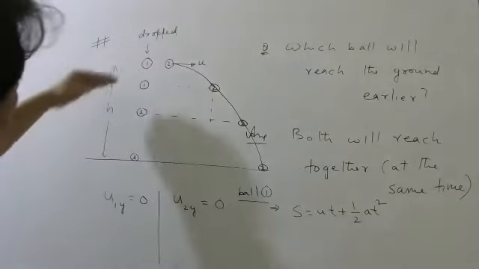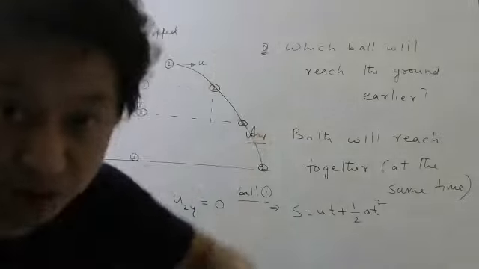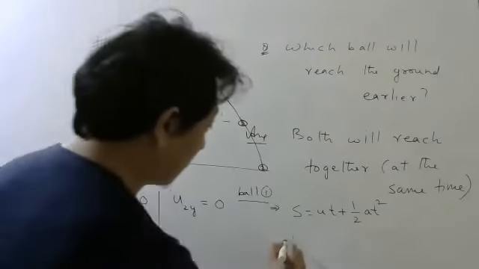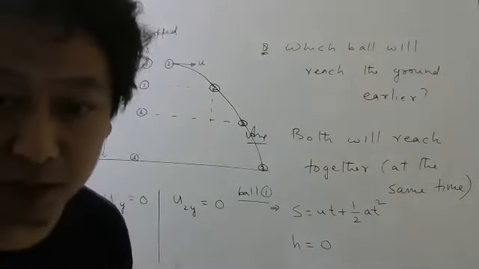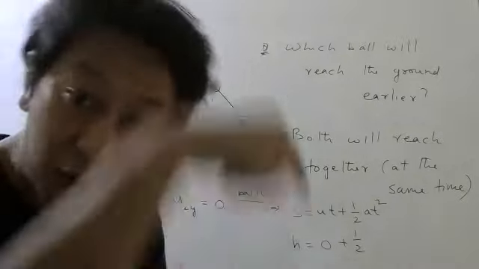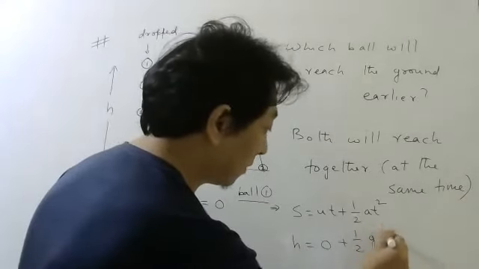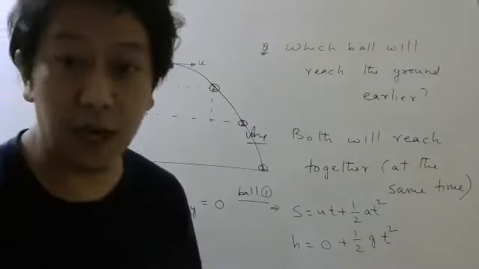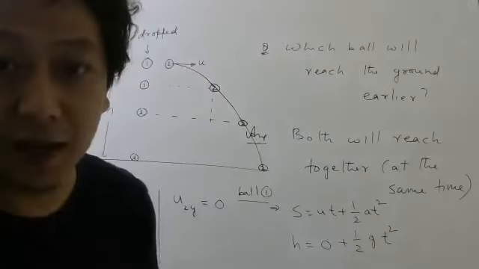What is the displacement ball number 1 has? H, right? Downwards. So let us take downwards positive. Initial velocity is 0. Plus acceleration due to gravity is g, downwards only. So if you take this plus, this also will be plus. Those who want to take up plus, for you this will be minus, this will also be minus.